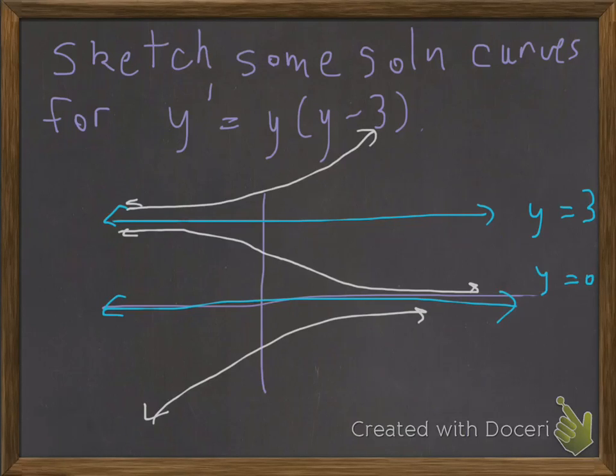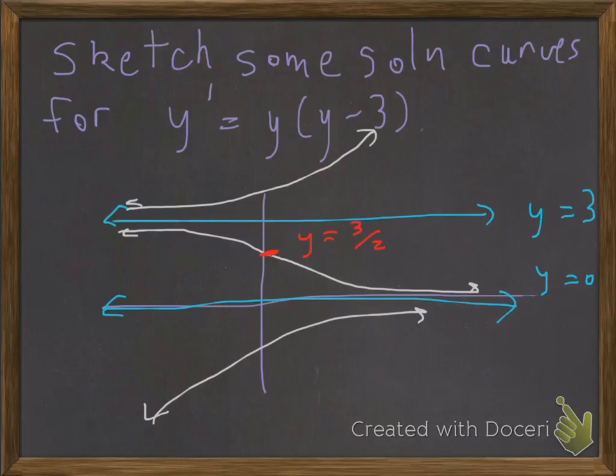Now you may ask yourself, how do I know exactly where that curve in the middle changes concavity? Well, you can calculate the second derivative and check for yourself that that's exactly at y equals 3/2. So notice here, what should we notice?